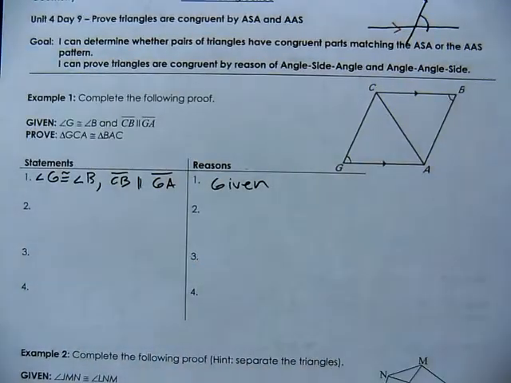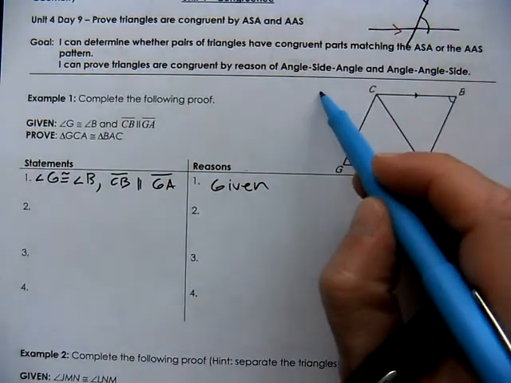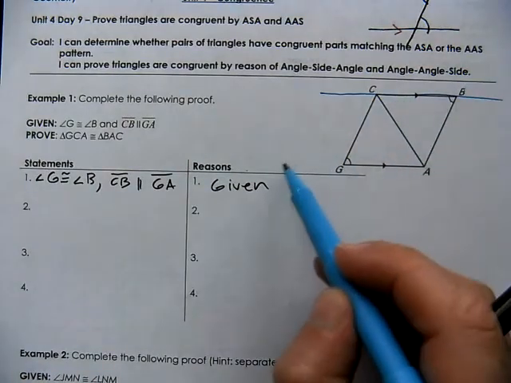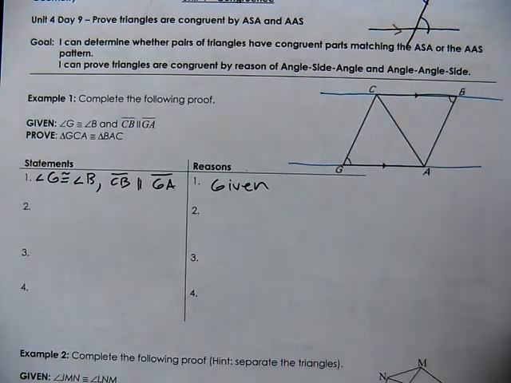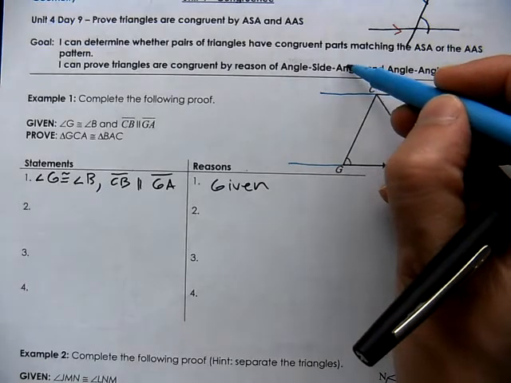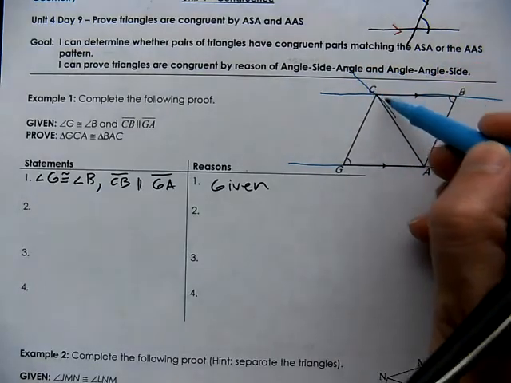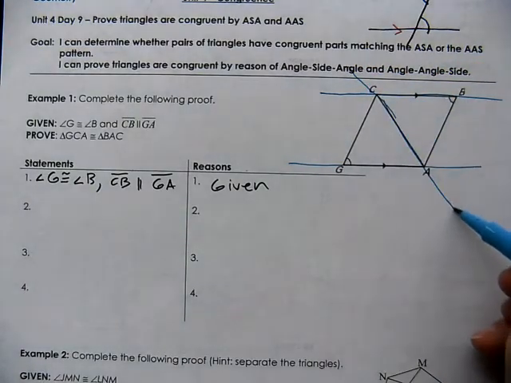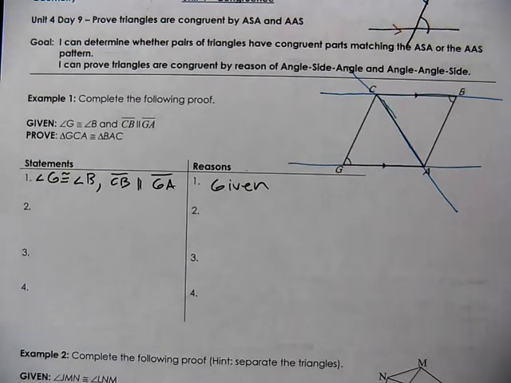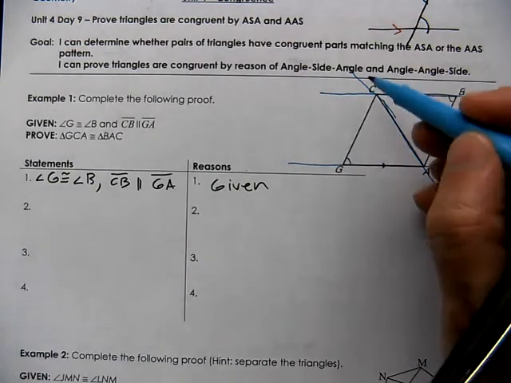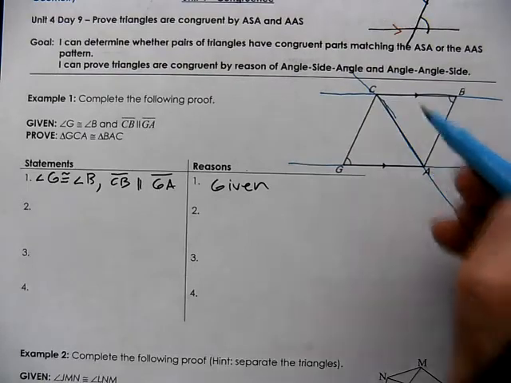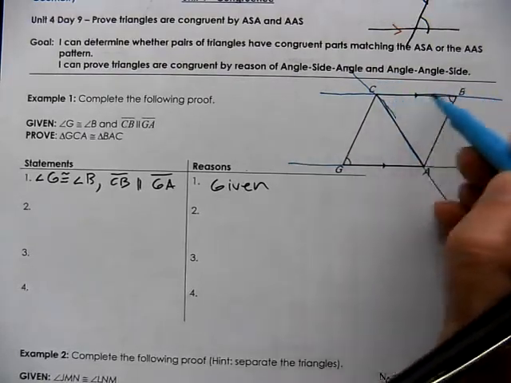So if it helps, you can kind of extend these sides as if they were your parallel lines, and you want the side that is shared between the two triangles as your transversal. So that means we're looking at angles that are touching the transversal and are touching the parallel side.